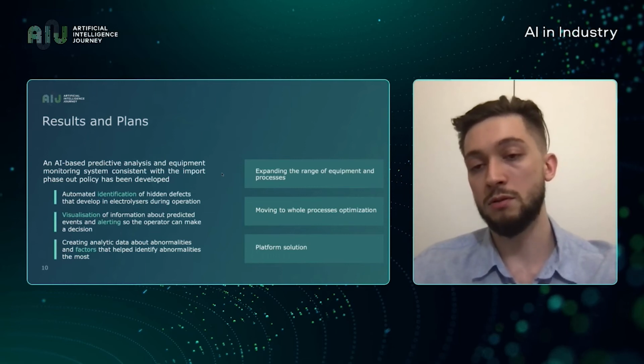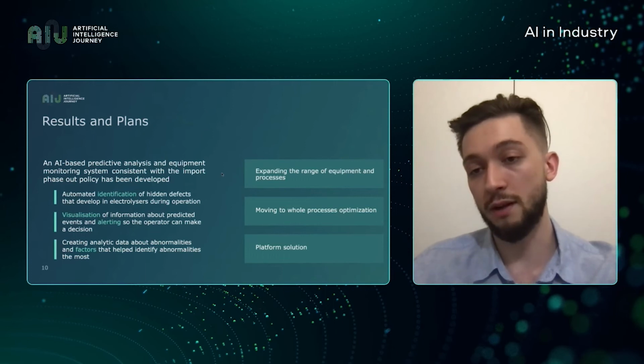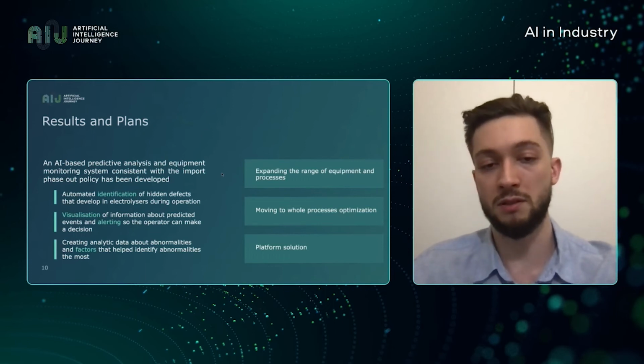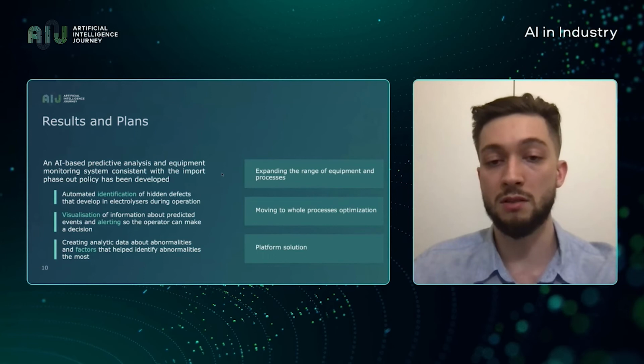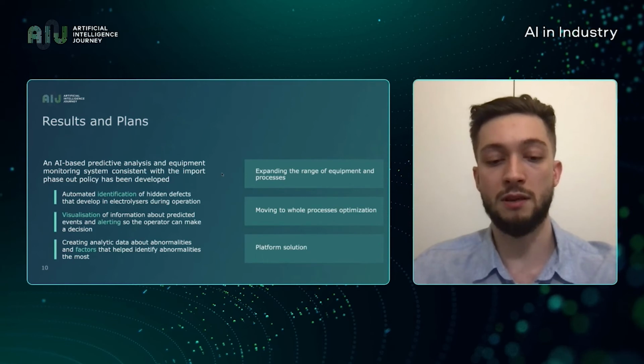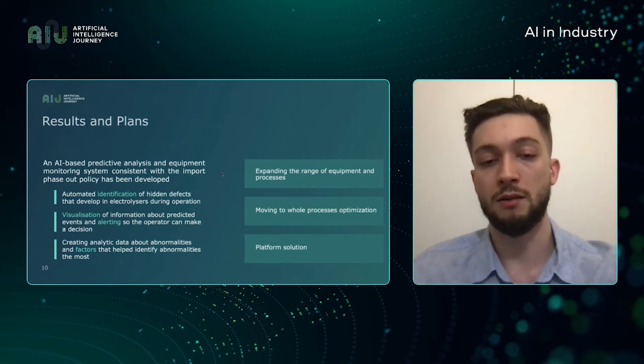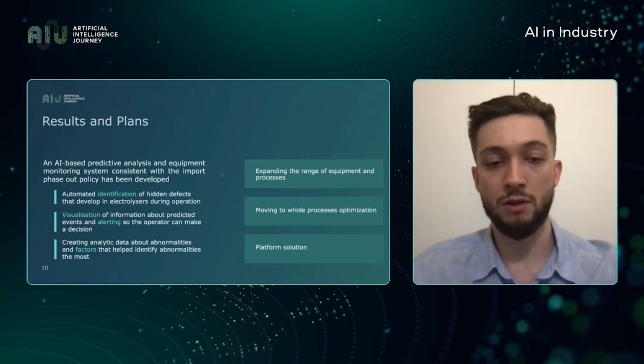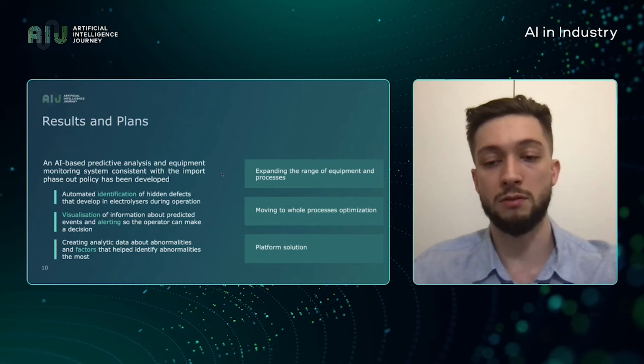As for the plans, first of all, our optimization is pretty precise, and we are planning to expand the equipment, units and processes for optimization and improvement. And we are also moving towards optimization and improvement of not simply separate stages of the technological process, but the whole technological process.